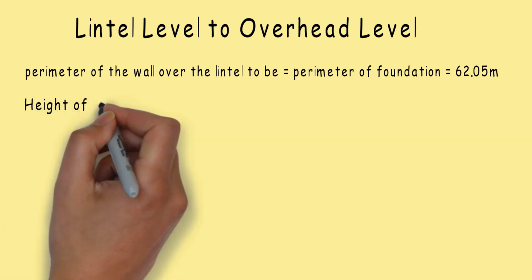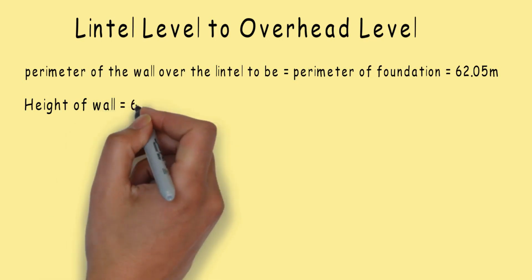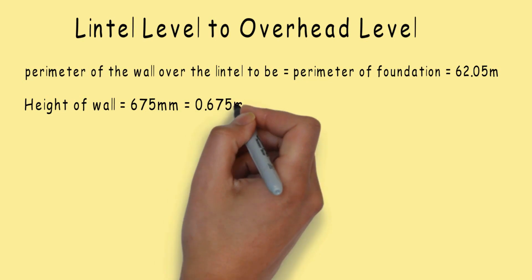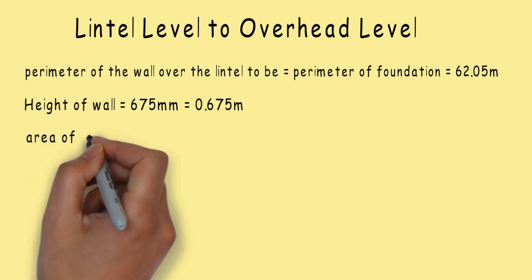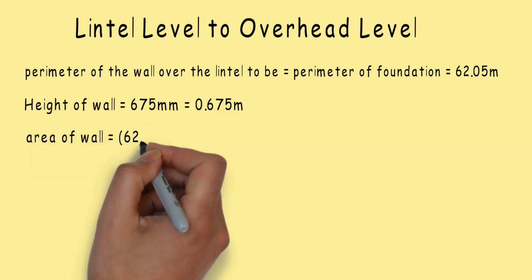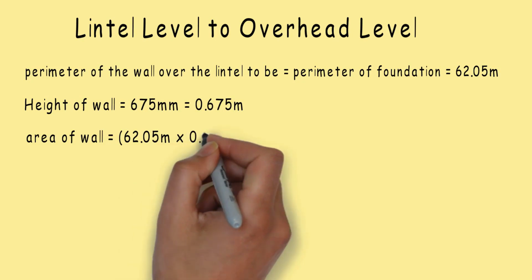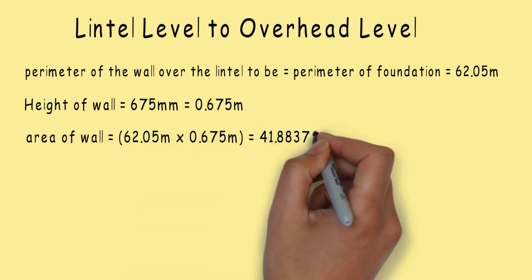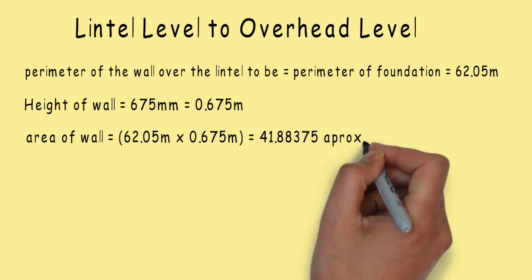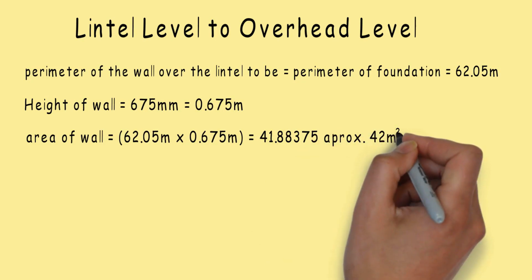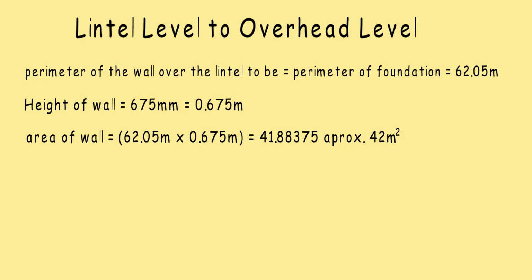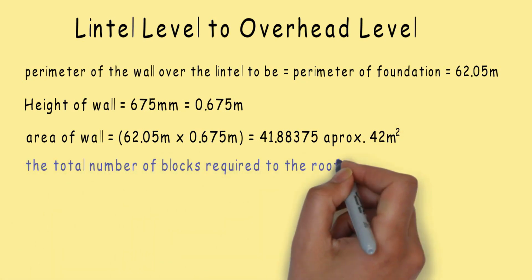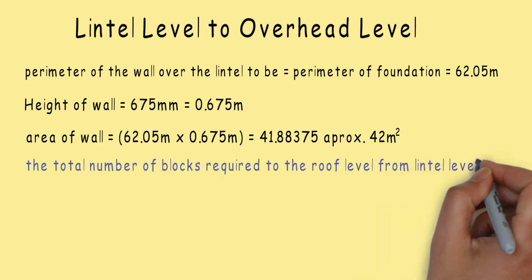Height of wall equals 675 mm, which is also 0.675 meters. Therefore, area of wall is 62.05 meters multiplied by 0.675 meters, which will give us 41.88375, approximately 42 meters square. Hence, the total number of blocks required to the roof level from the lintel level equals 42 multiplied by 10, which is 420 blocks.